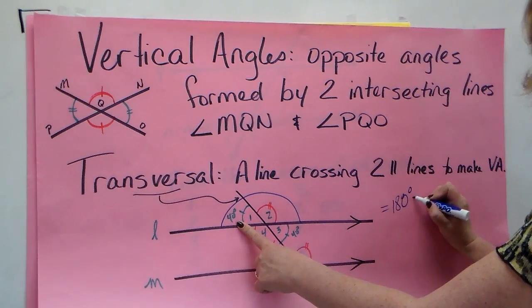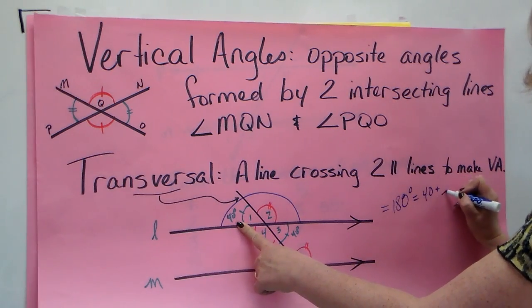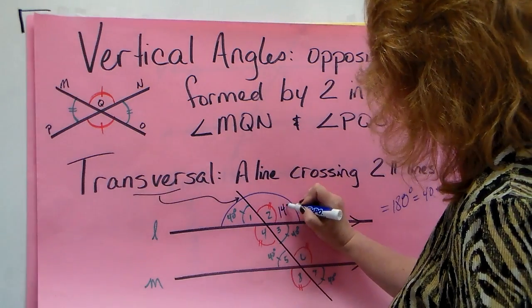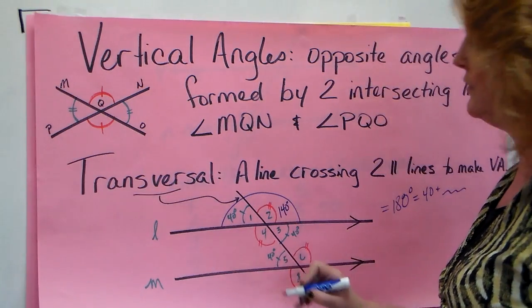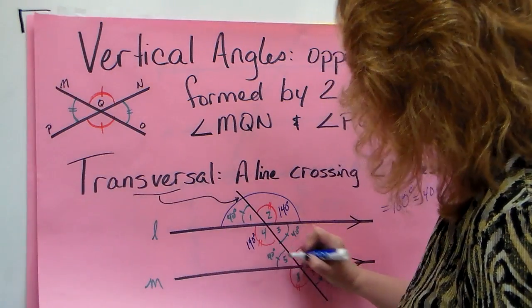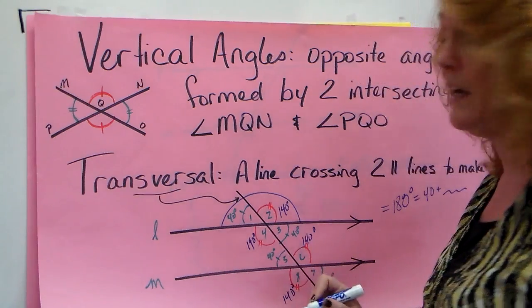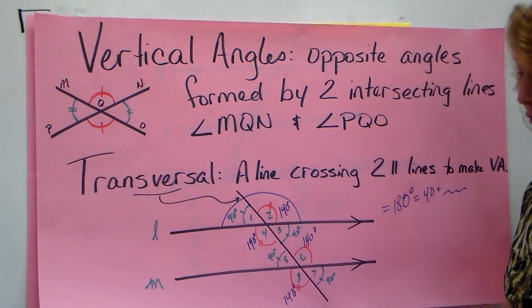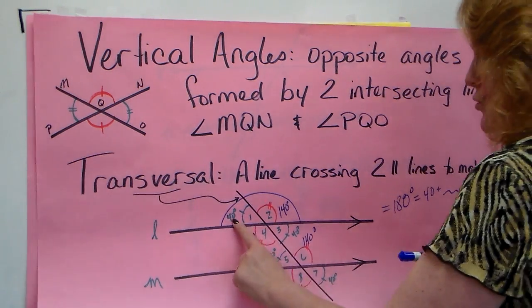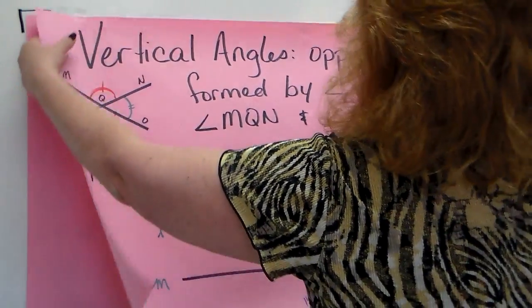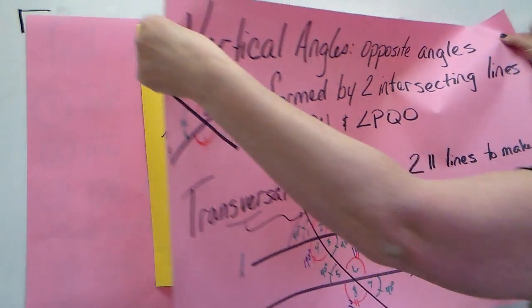So this is going to equal 40 plus whatever that is. Suddenly I know that this is 140 degrees. And if this is 140 degrees, then this is 140 degrees, and this is 140 degrees, and this is 40, and now you're done. Ta-da! You filled them all in, and all you had was one angle measurement to start with. But because you know the relationships, you can figure them out.